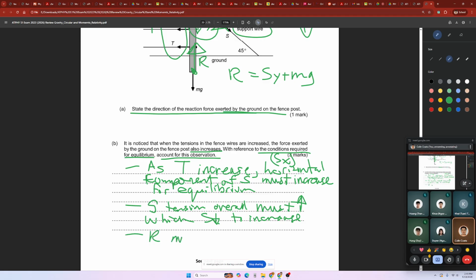Reaction force upwards must increase to maintain equilibrium. Okay.